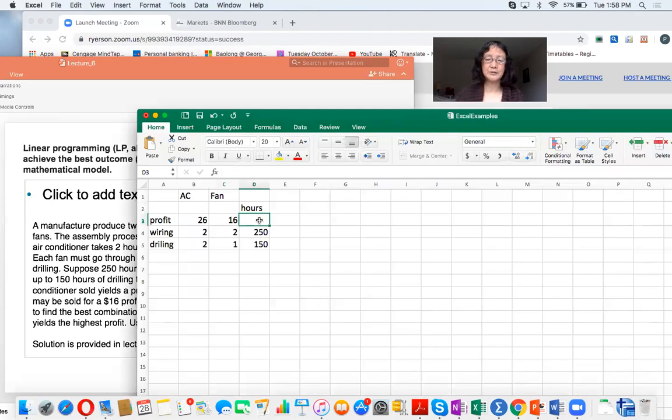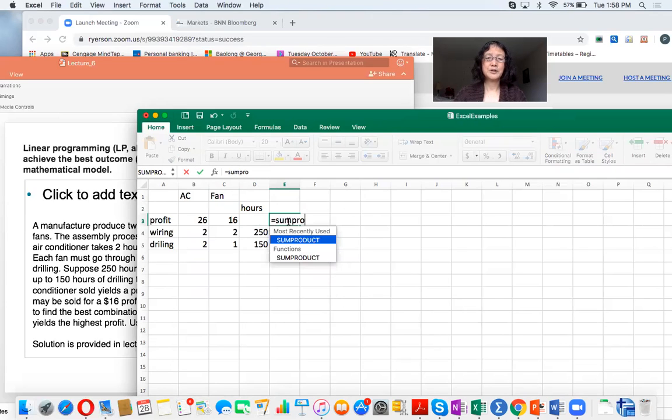So profit equal to, maybe I'll type in the profit here, equal to sum product. I use this array with this array, means 26x plus 16y.